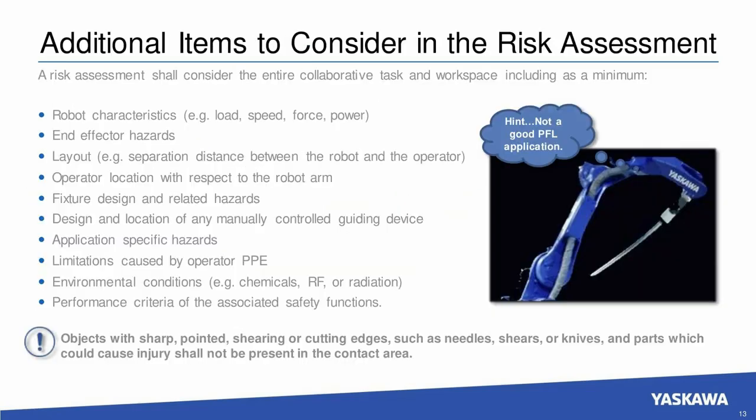Okay, additional items to consider when you're thinking about all the contact scenarios, and all of this has to end up in a risk assessment. Robot characteristics: speed, load, force, power, end effector hazards, layout with regard to separation distance between the robot and the operator, columns in the area, pinch points, operator location with respect to the robot arm, where the operator is normally going to be working, fixture design and related hazards, design and location and manual control of the guiding device.